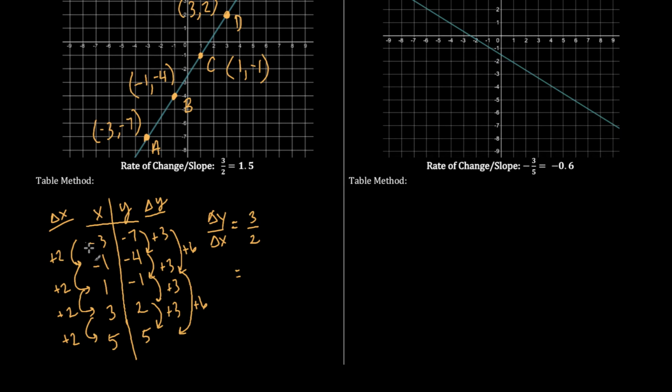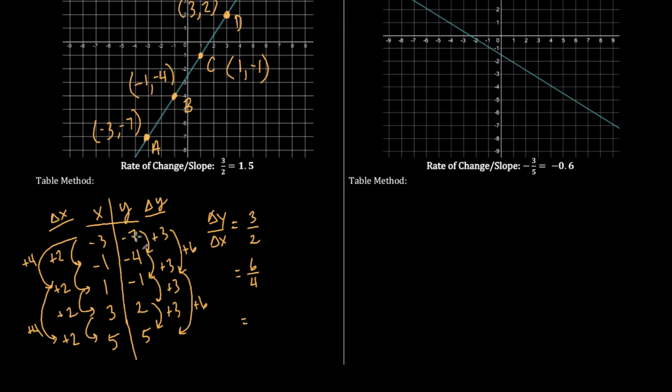And instead of -3 to -1, I can go from -3 to +1, which is +4. And then I can go from 1 to +5, which is +4. So a positive over positive is a positive 6 over 4. And it looks like I have room for one more.